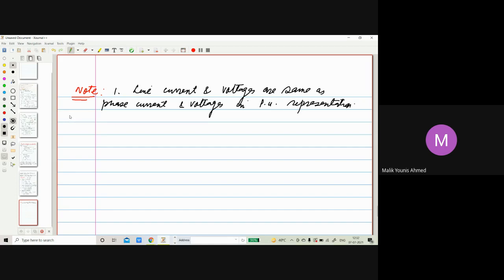Second point to be noted is no factor of under root 3 or 3 is present. So you can write like this: no concept of under root 3 or 3 exists in per unit representation.